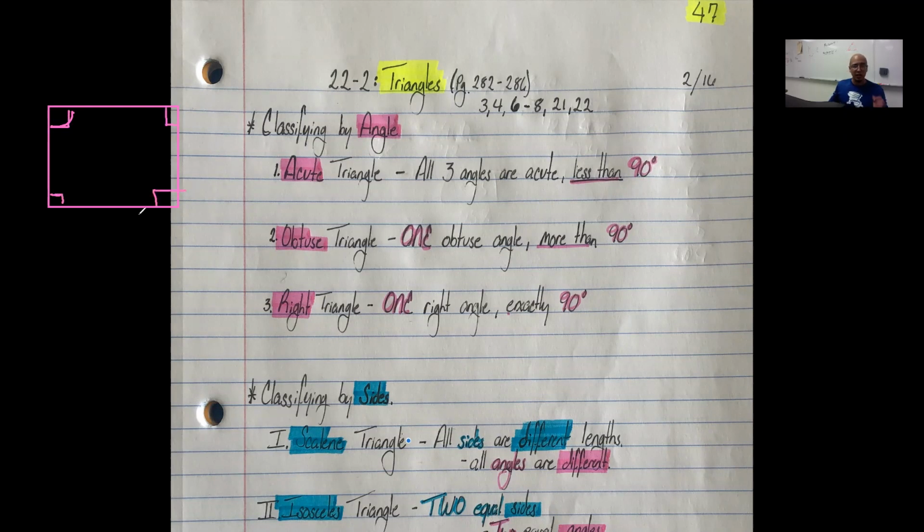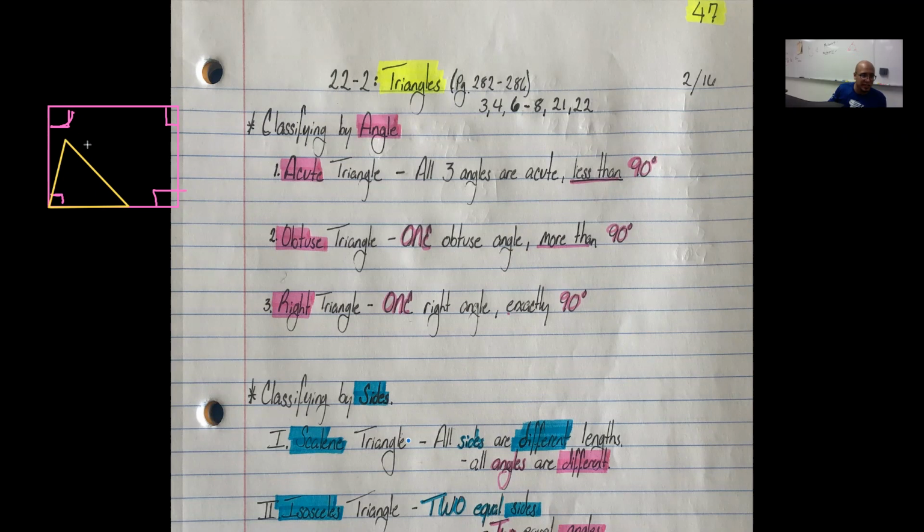So an acute triangle would be a triangle, ladies and gentlemen, where none of the angles are 90 degrees. So if I superimpose a triangle here, let's say I have a side like that, a side like that, and a side like that. If you look at the angles, notice how this angle is not 90 degrees.